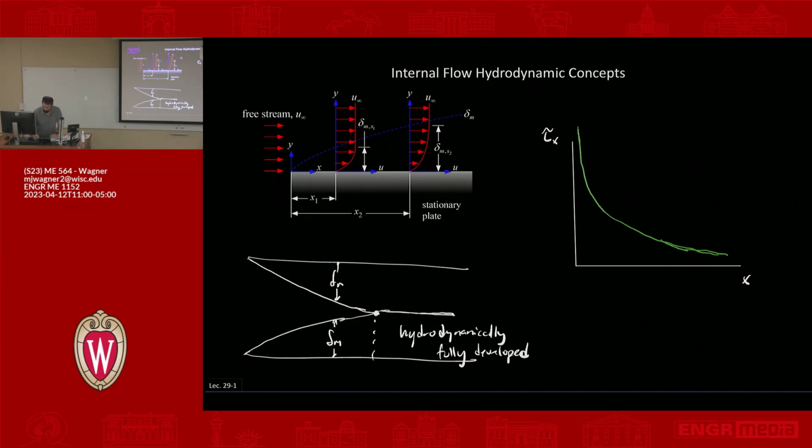For internal flow, let's say there's some position down here which we call x, fd, h. That's the fully developed position hydrodynamically. If we pick that position and plot the shear stress for internal flow, what would that look like?